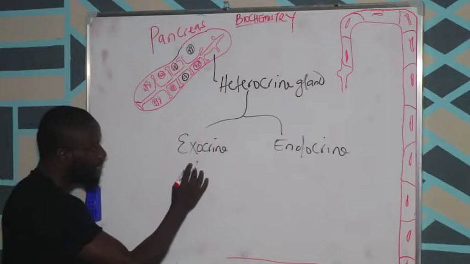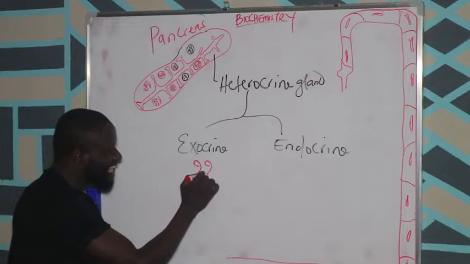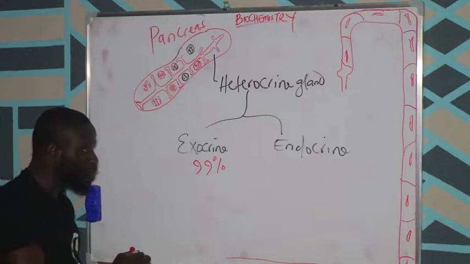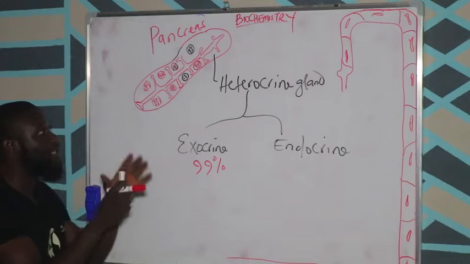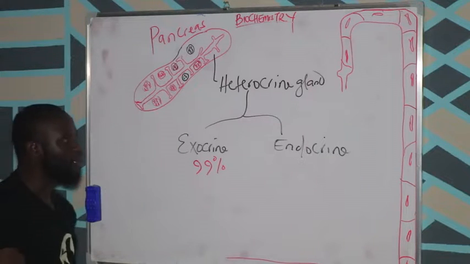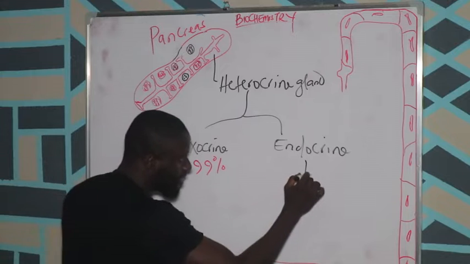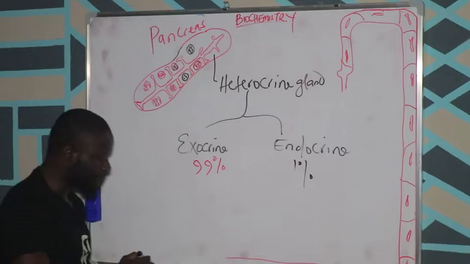The exocrine gland has 99% of the total amount of cells that is found inside the pancreas, while the endocrine gland has just 1%.